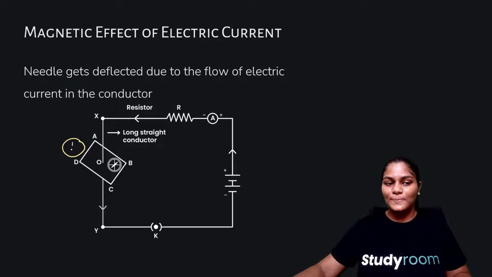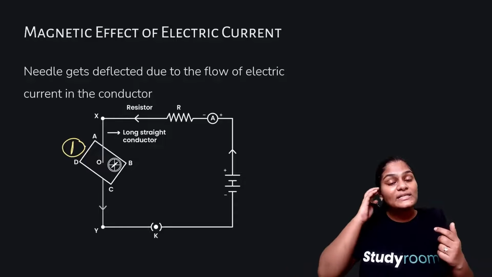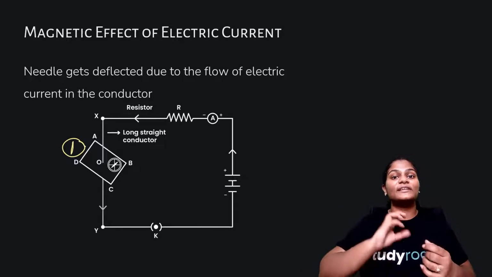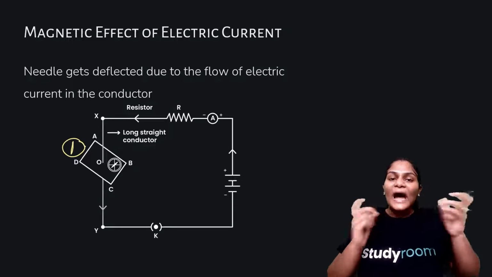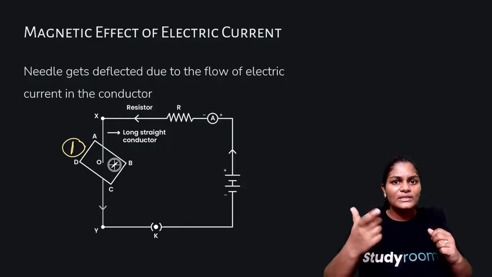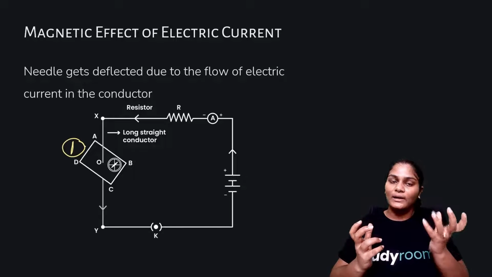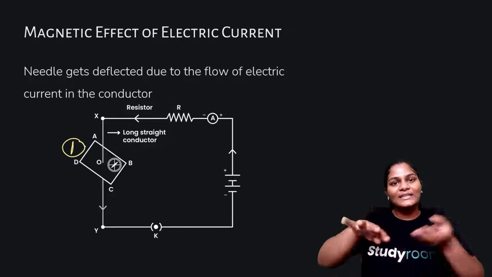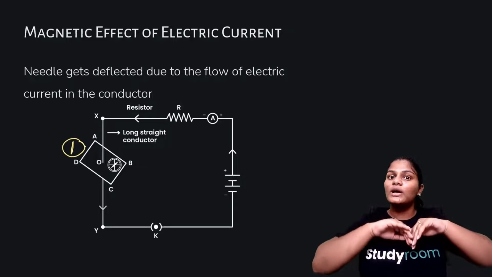So the compass obviously has this compass needle inside it, and we just studied that a compass needle is a magnet in itself. And we also studied that a compass needle gets deflected when a magnet is brought near it. So that makes sense because a bar magnet has a magnetic field and a compass needle is also a magnet, and we know that magnets when brought near each other, either want to come towards each other, or attract, or they want to repel, right?